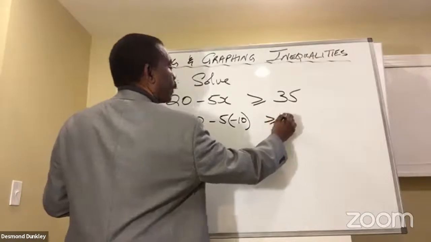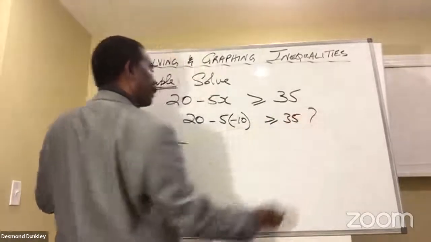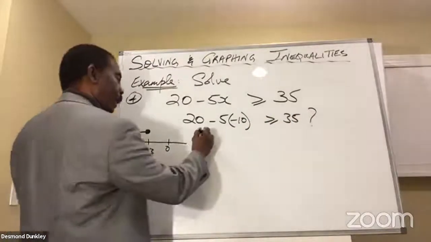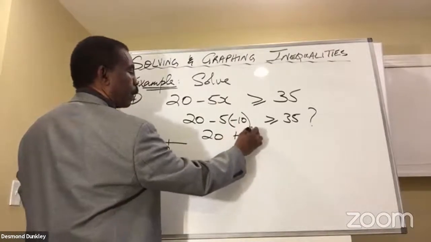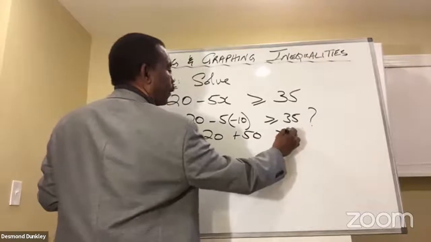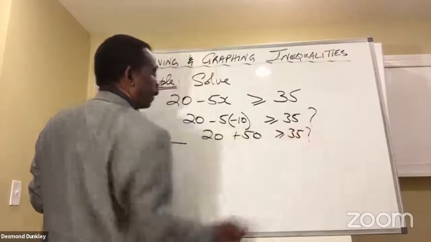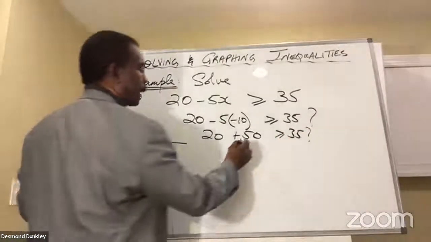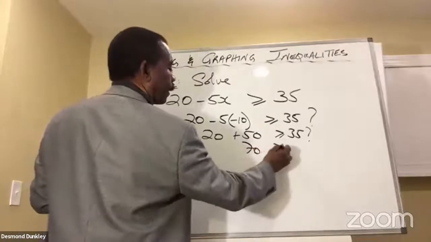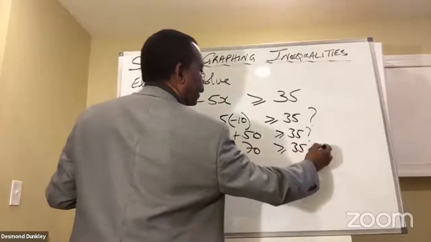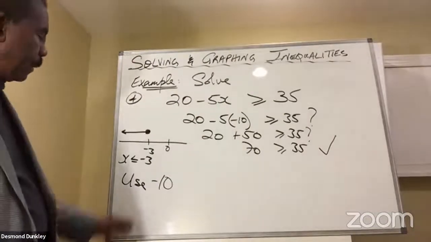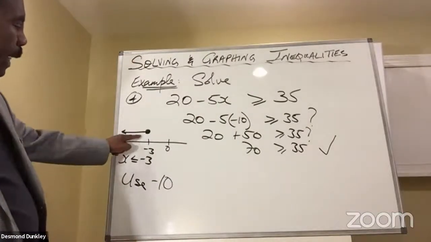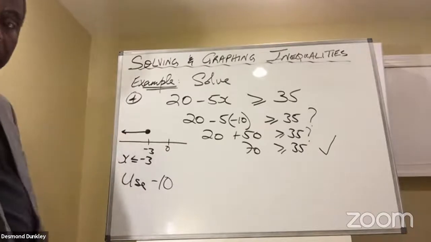Is that greater than or equal to 35? So 20 minus 5 times minus 10 is plus 50. 20 plus 50 is 70. Is that greater than or equal to 35? The answer is yes. It is greater than 35. So that works. So we said any number below negative 3 should work.